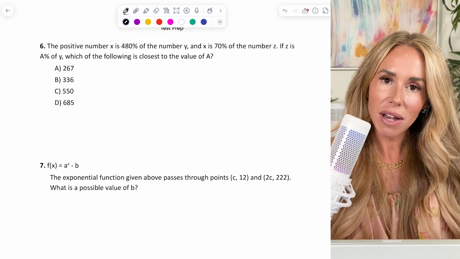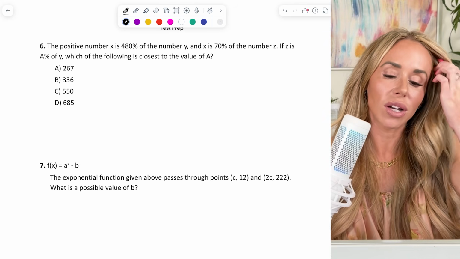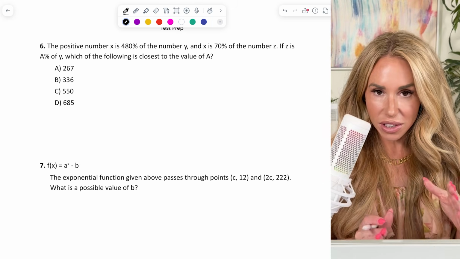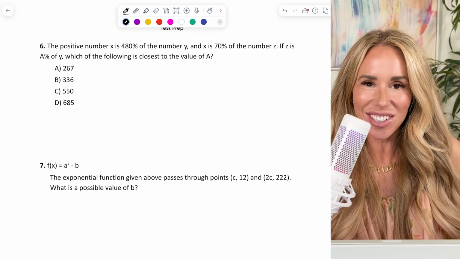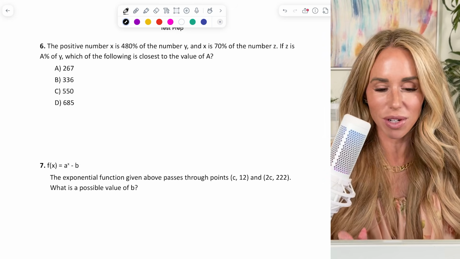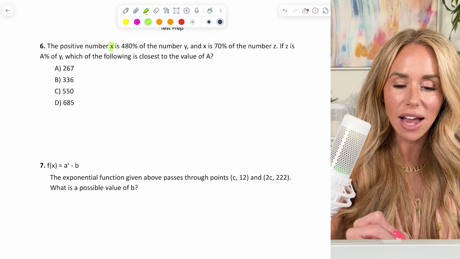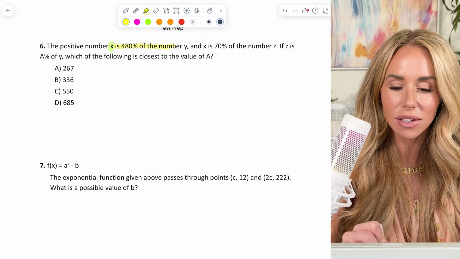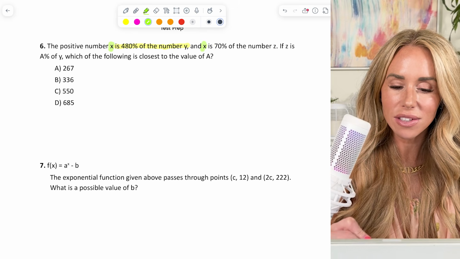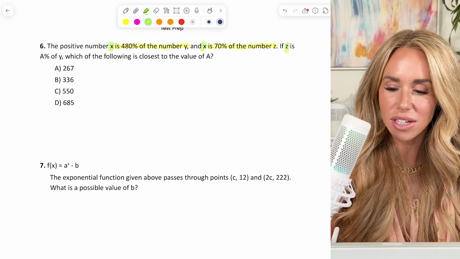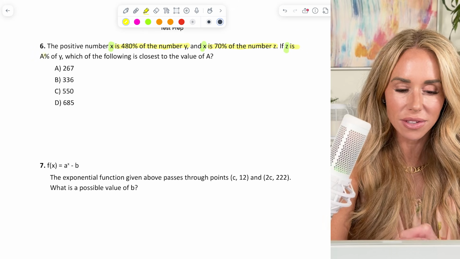Okay, solving these by hand takes longer and can be more confusing. So when you see these percentage problems that relate different variables to each other, you can actually use a list in Desmos. So what I'm going to do is show you, they said x is this, then they said x is this, and then they said z is this.